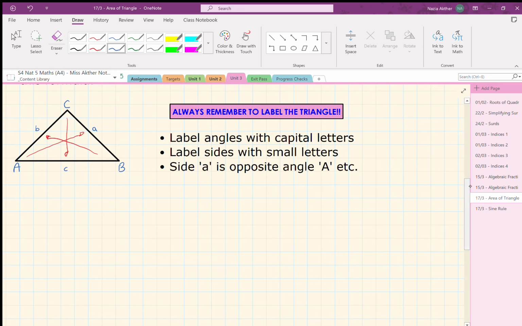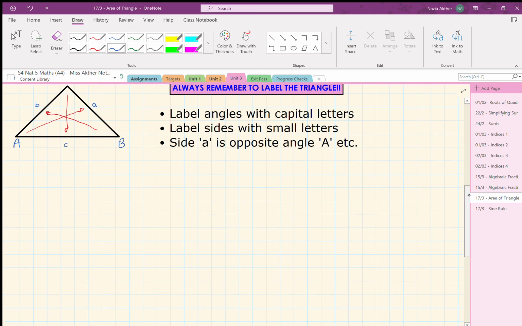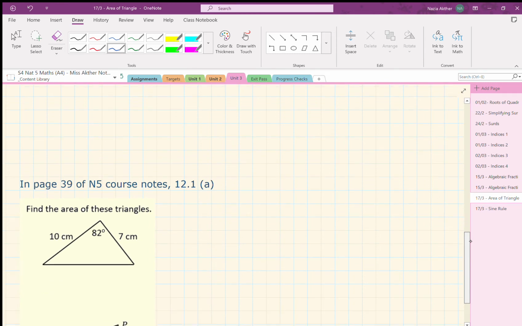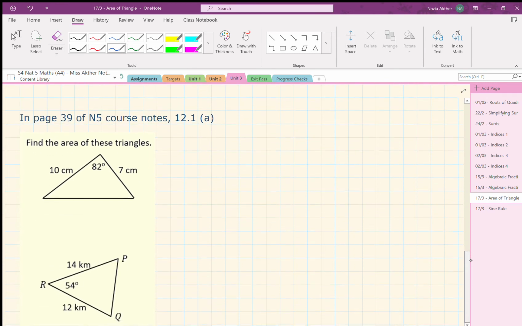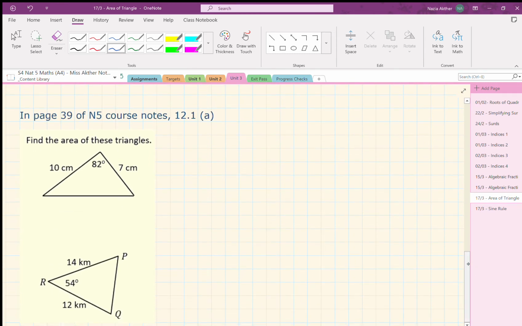So we're now going to look at two examples. These examples are in your course notes on page 39, section 12.1a. So here, in the first example, we've got a triangle. We know the length of two sides. One is 10 centimeters and the other is 7 centimeters. And the angle in between those two sides is 82 degrees.